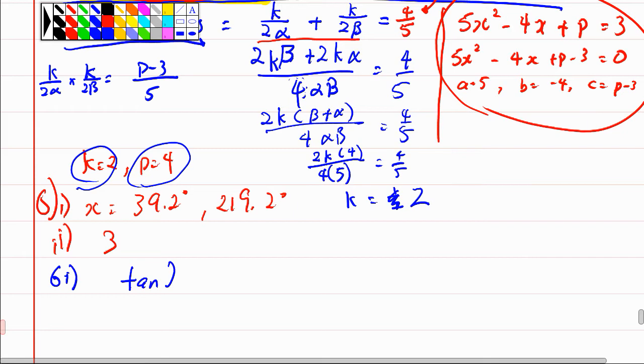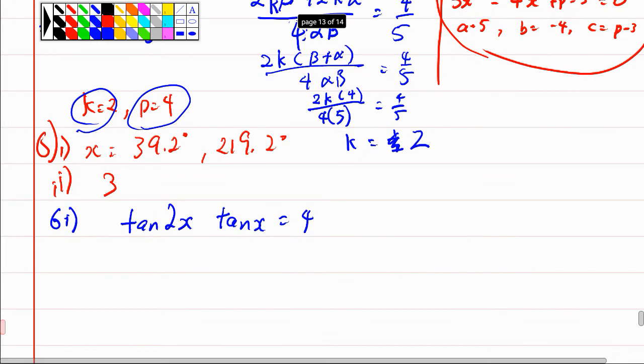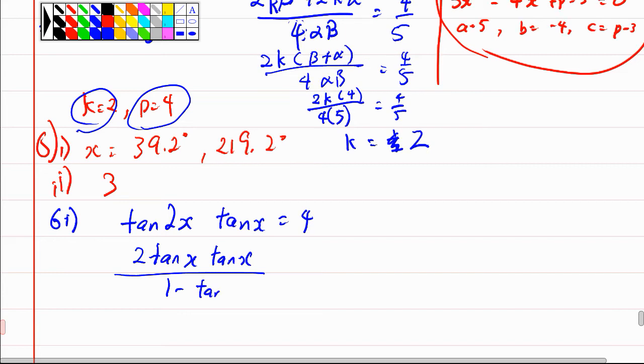Tangent 2x equals 4 tangent x. What is the first step? Change 2x to what? Is there a formula? 2 tangent x over 1 minus tangent square x.